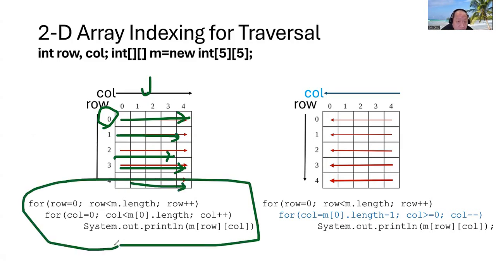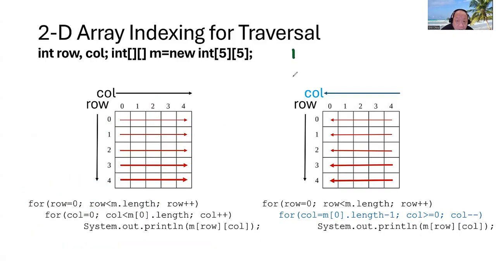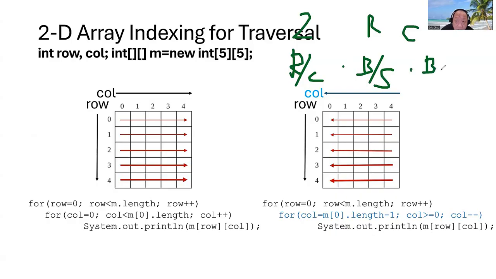Row goes from small to big one, column goes from small to big one, and we call this row major. So you have row major or column major, that's 2 different ways. Your row may go from big to small or small to big, and your column also may go from big to small or small to big. So in total you have 2 times 2 times 2, 8 different ways to do traversal.